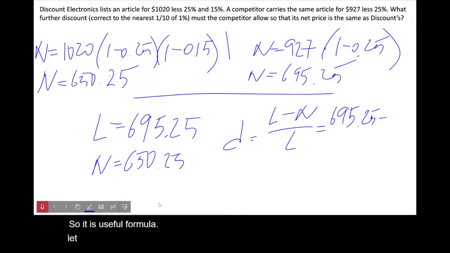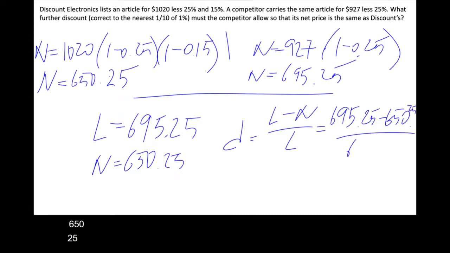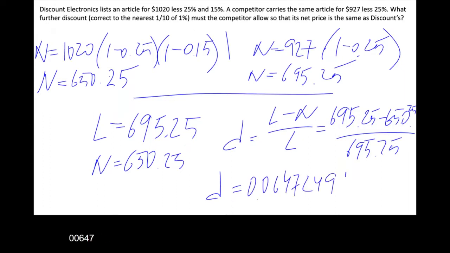Let me put that in: 650.25, 695.25. So D is 0.064724919.